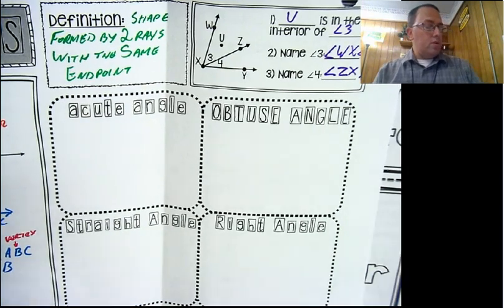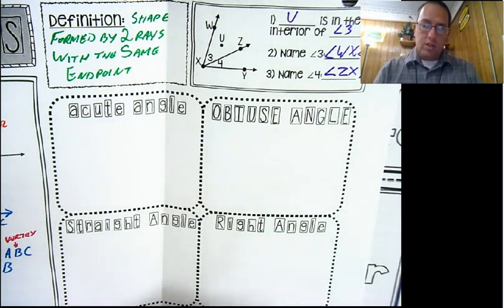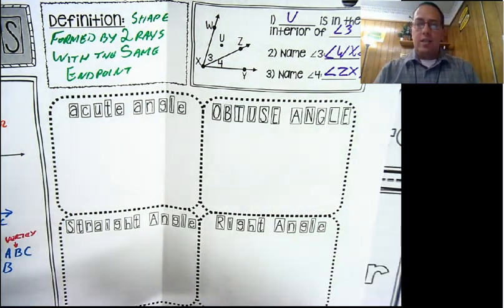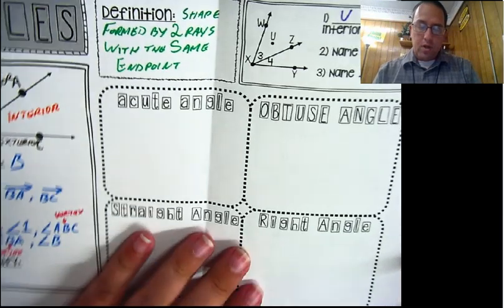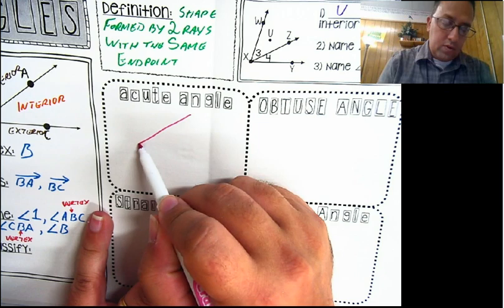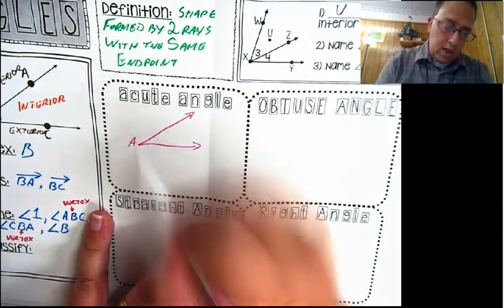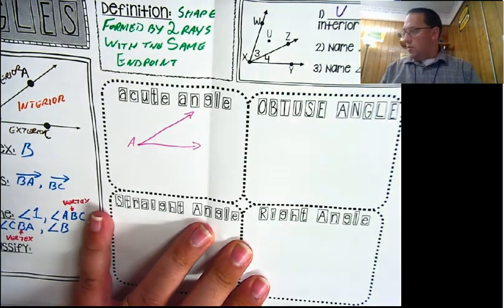All right. Next thing we're going to talk about is how to classify angles. Angles can be classified a couple of ways, but we're going to classify them by their degrees. How wide is the angle? So first we have acute angles, and hopefully you'll remember all of these from previous years. So we'll say this is angle A. This is an acute angle.